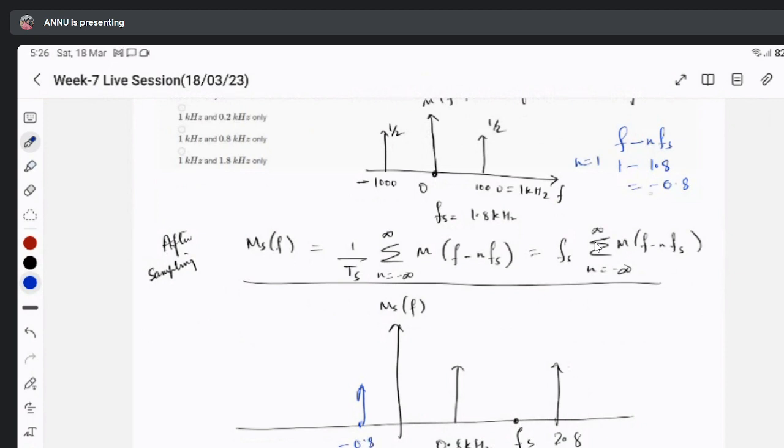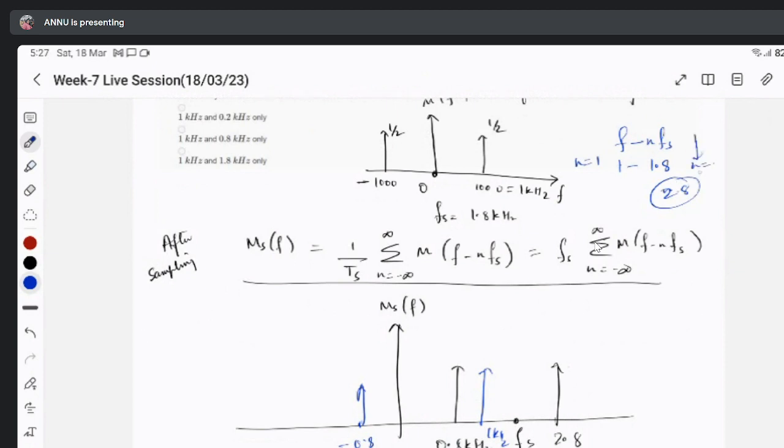Then if you have nFs, f minus nFs, if n is zero, then you will have 1 kilohertz. Similarly, when n is equal to minus 1, what will you have? 1 plus 1.8, that is 2.8.